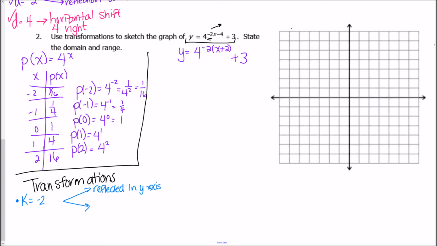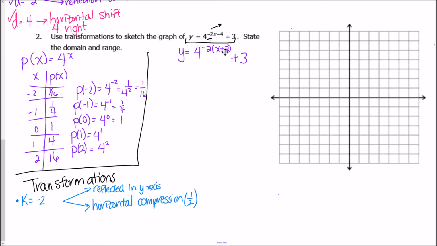And then we also know that it has a horizontal compression. And we know that our scale factor is always 1 over k, so it's going to be a scale factor of 1/2.